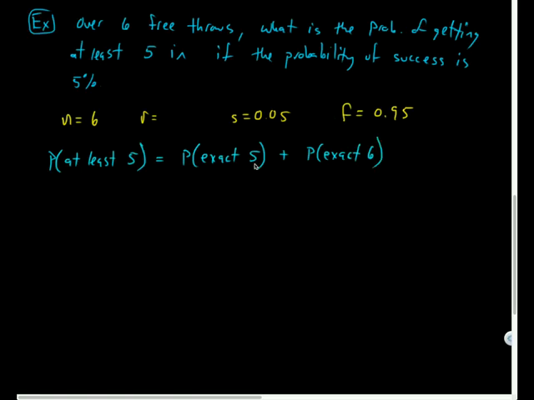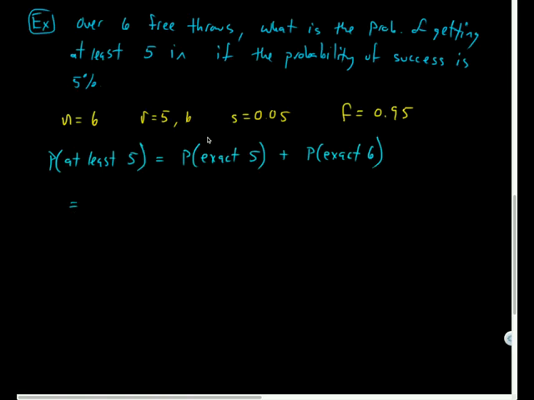So that's another way I could summarize this, breaking this into an OR situation. At least 5 means getting exactly 5 in or getting exactly 6 in. So I'm actually going to have 2 separate probabilities to calculate here. So let's break this down. So in this case, R is going to equal 5 or 6. I'm kind of having to calculate it twice is what I'm doing there.